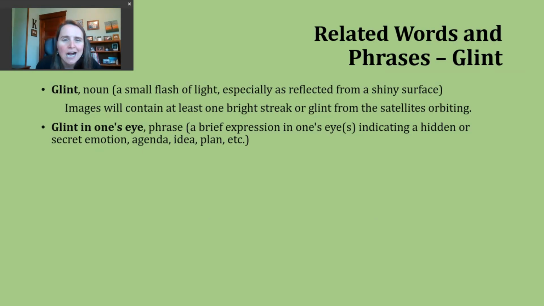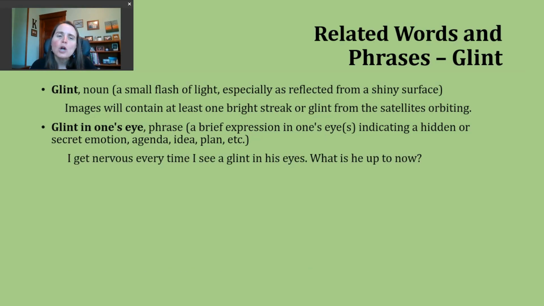His eyes, her eyes, etc. So when you encounter this phrase, what someone's describing is a brief expression that indicates some kind of secret. Maybe it's a secret emotion, a secret idea, a plan, something like that. But it's sort of communicating this secretive feeling or idea.